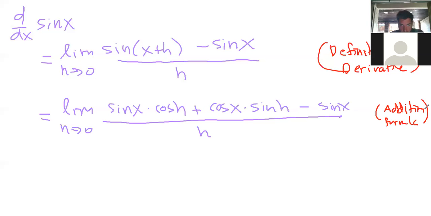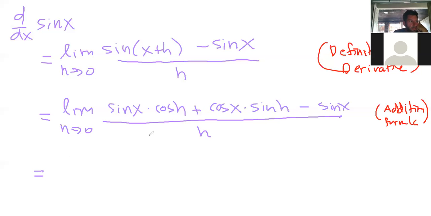And so what I need to recognize is that right now it looks kind of messy, but with those two previous limits that we know, if we recognize that we still have those at our disposal and we rearrange the way everything's written, I can factor this sine out.